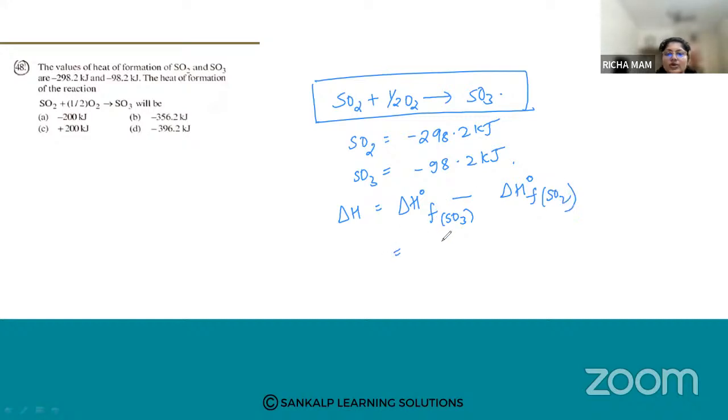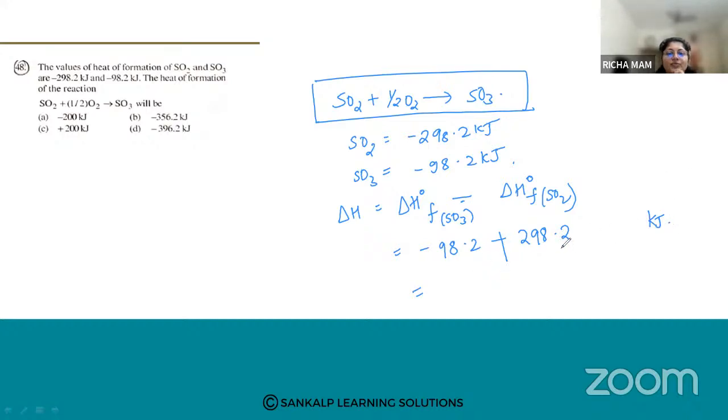That is minus 98.2 plus, minus and minus will become plus, 298.2. It will be in kilojoules.